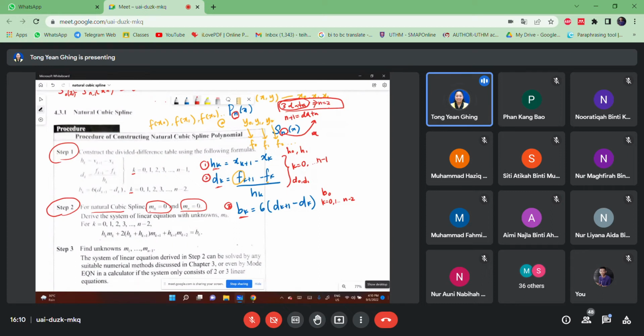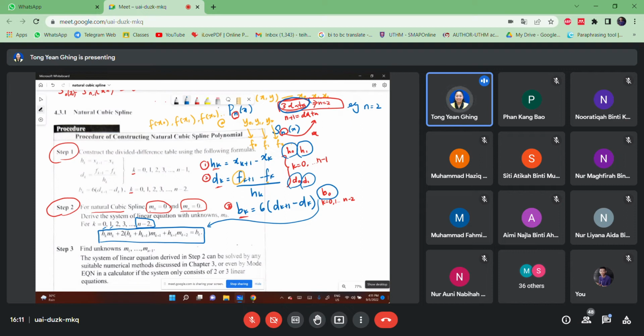Means that later on, the second step is we have to derive the linear equations. Just now we calculated h0, h1, d0, d1, and b0, and we have to substitute in this formula for k equal to 1, 2, until n minus 1. If let's say we take 3 data points, our n is 2.